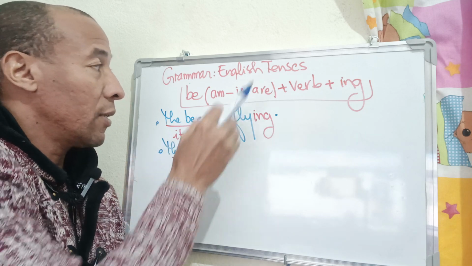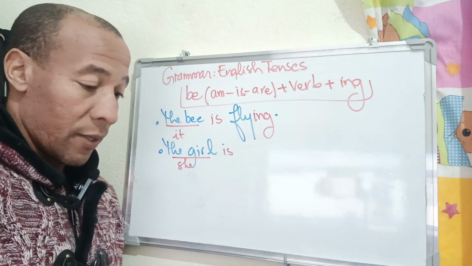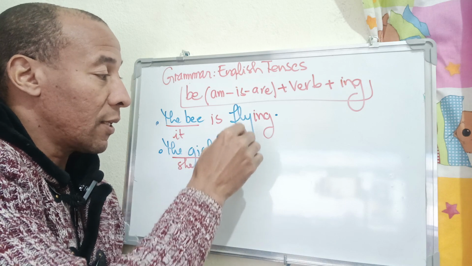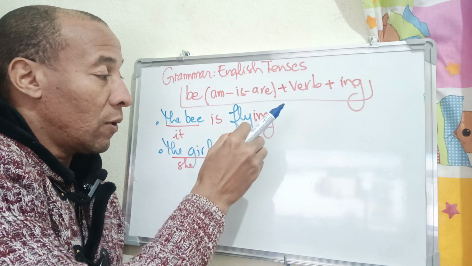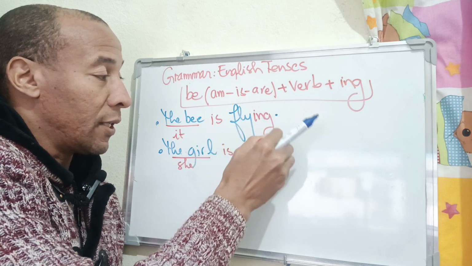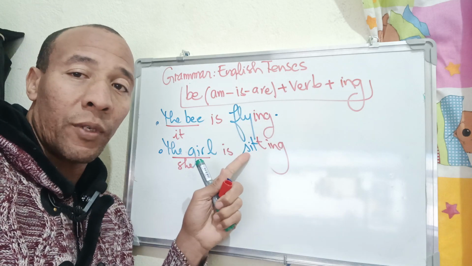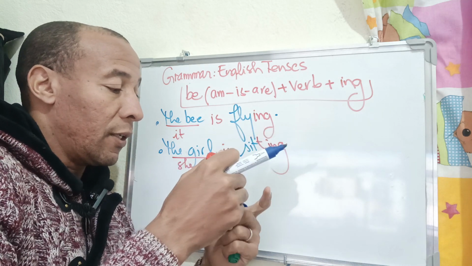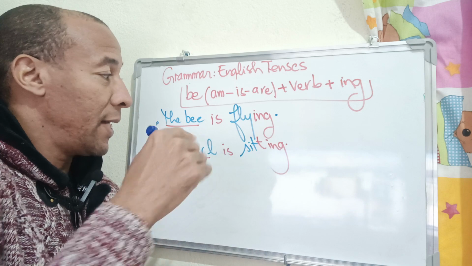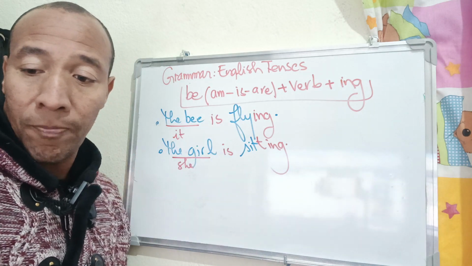So the girl is... Okay, verb sit. Right, so sitting. اوكي لاحظتوا هنايا درنا زدنا واحد التياك من بعد نشرح لكم علاش. Sitting, right, and then let's have another example.